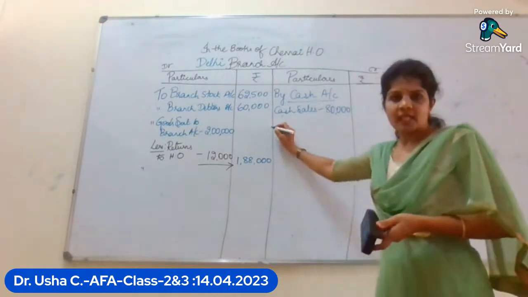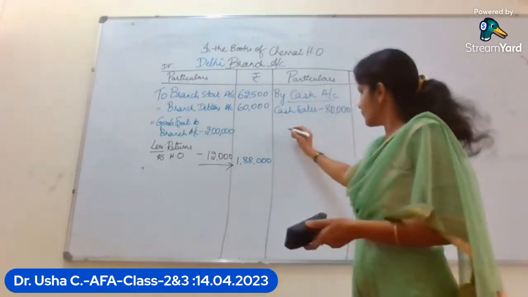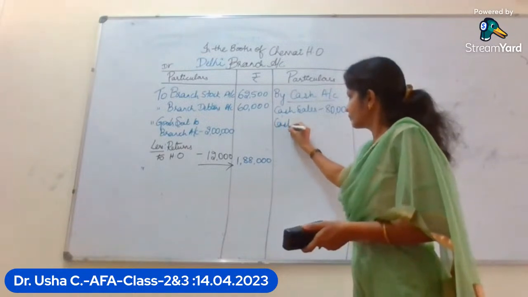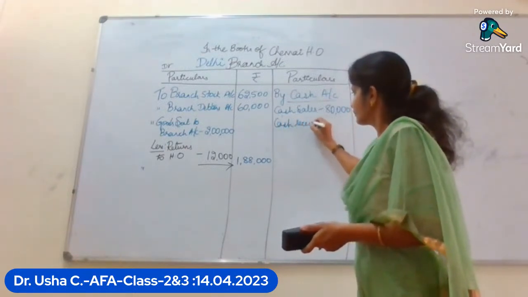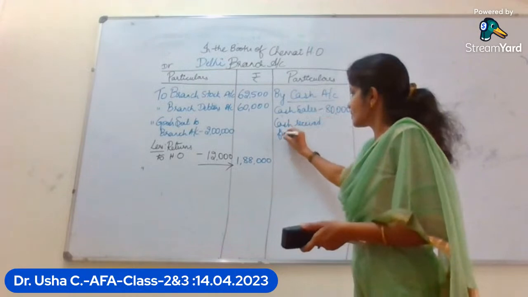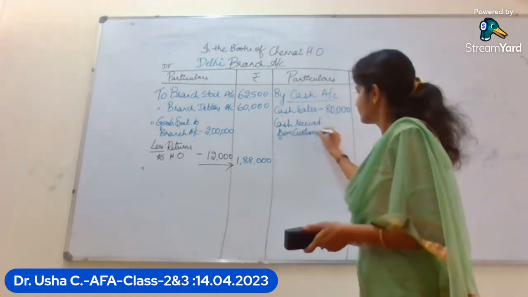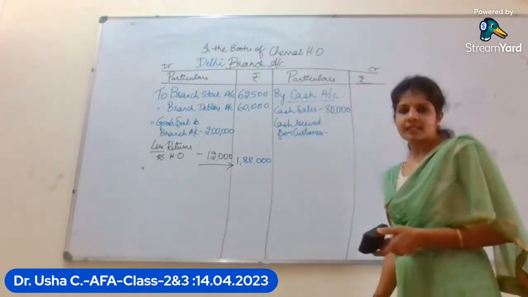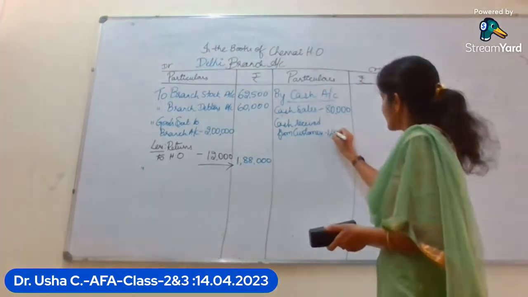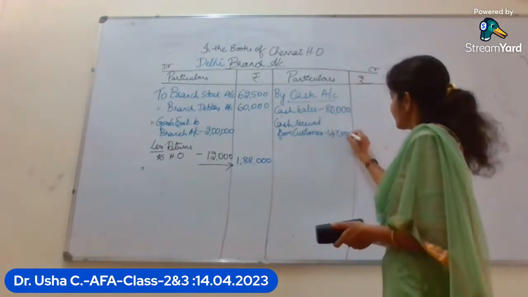And next is cash received from customers. This is 1,47,500.